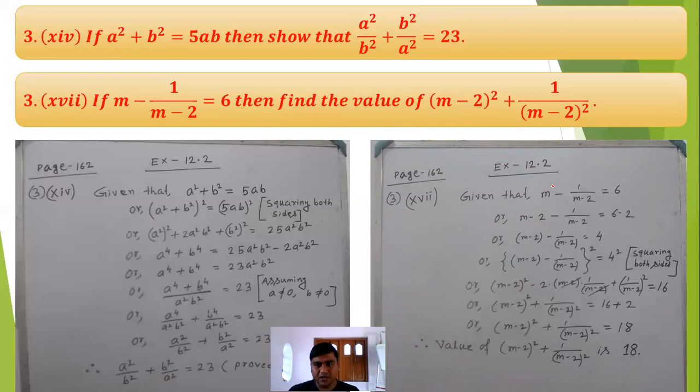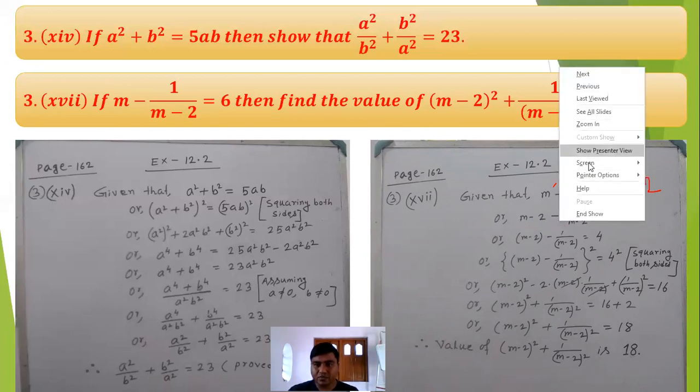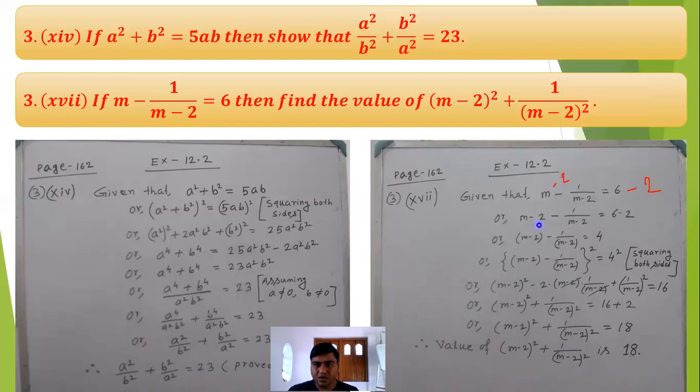If this is right minus 2, this is also right minus 2. So the next line: m minus 2 minus 1 upon m minus 2 equals 6 minus 2, or m minus 2 minus 1 upon m minus 2 is equal to 6 minus 2, which is 4.